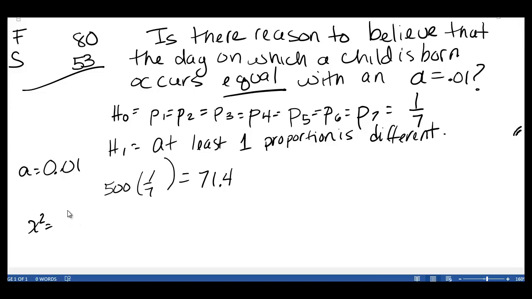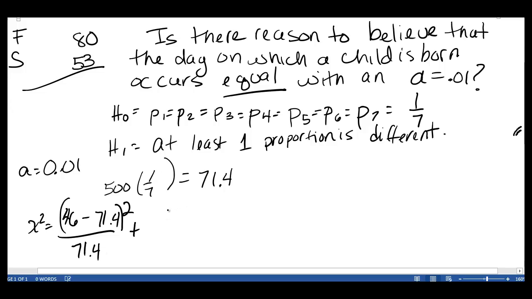So, for example, Sunday there were 46 births, so it will be 46 minus 71.4 squared divided by 71.4. That's for Sunday. Plus Monday. Monday there were 76 births. 76 minus 71.4 squared divided by 71.4, plus Tuesday, etc.